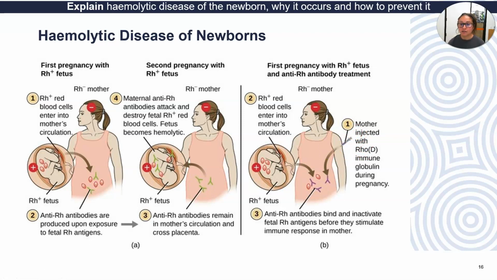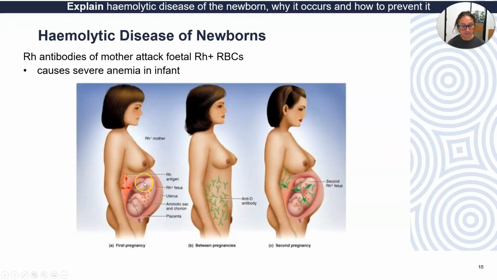So you can get that injection and the mum stops making antibodies, and so that means that the little baby's red blood cells will not be attacked. Okay, so that is the whole point of that.